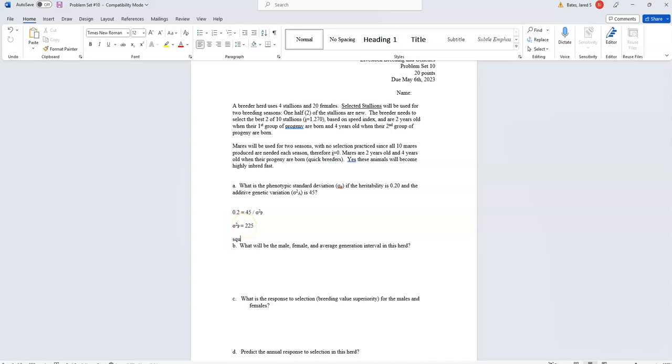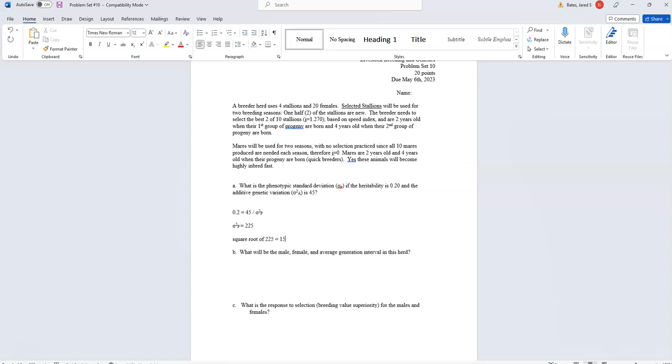The square root of 225 is going to be equal to 15, and 15 is my phenotypic standard deviation. And that's what you do on A.